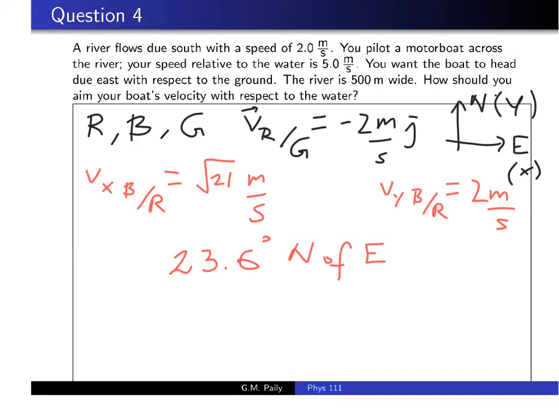This is how we should aim the boat with respect to the water in order to compensate for the river's flow, so that our total velocity of the boat with respect to the ground is exactly due east. We see that the y component of the boat's velocity with respect to the river cancels out the y component of the river's velocity with respect to the ground, so that the boat, as seen by the ground, moves only along the east-west direction.